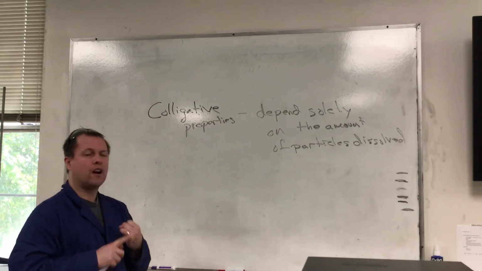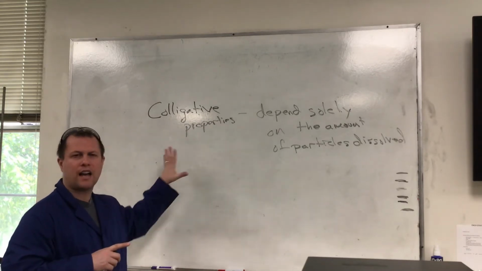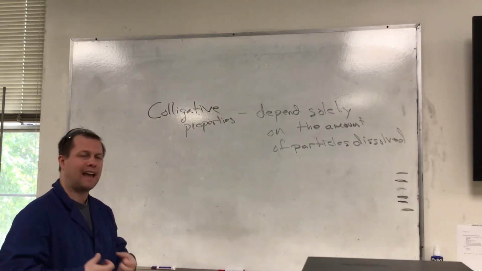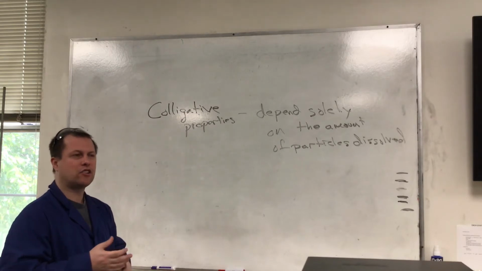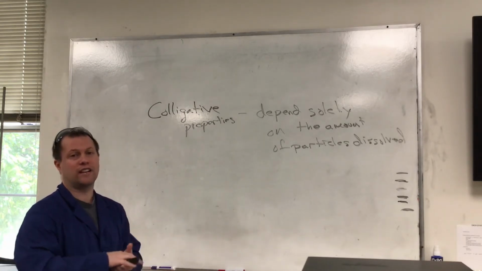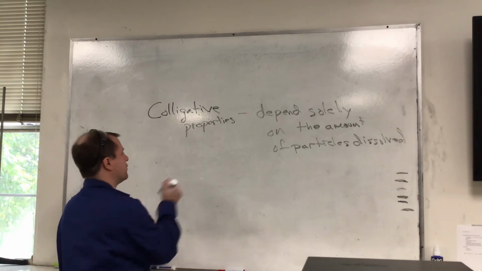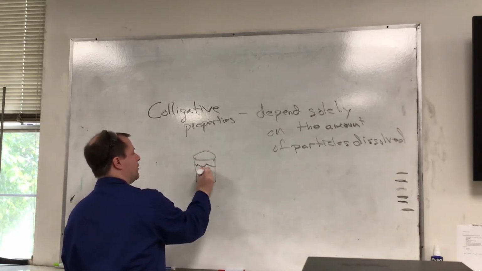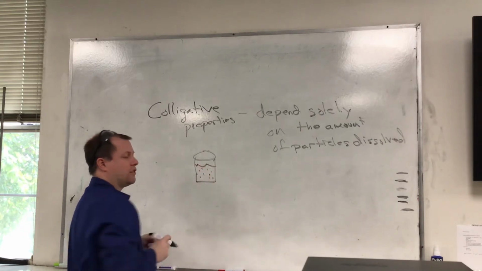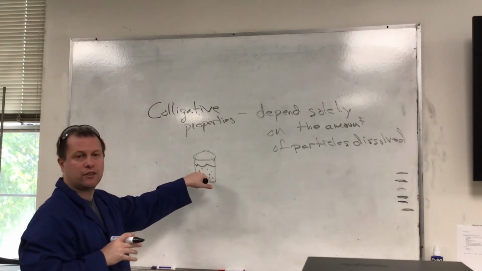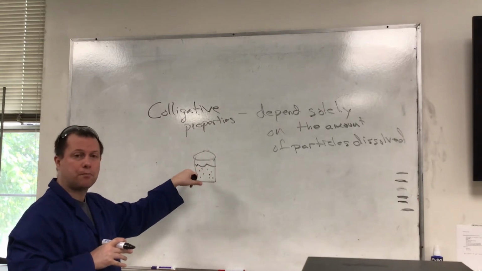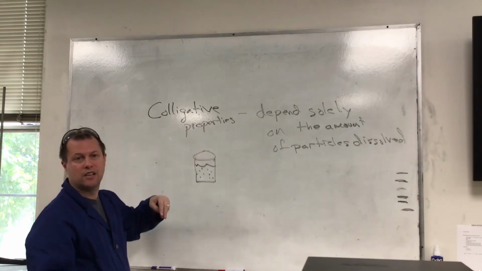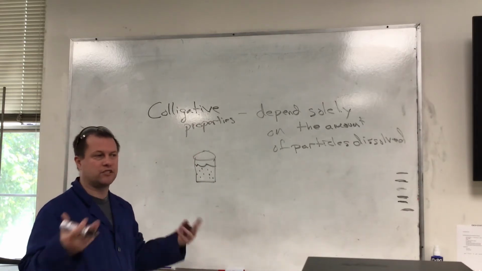So when we consider why adding things to our solution impacts the boiling point, the more particles we add, the harder it gets for the solvent molecules in that solution to escape. If I imagine a beaker with solution in it, the more random particles there are, the solvent molecules are going to have attractive forces and collisions with those other particles. That prevents the solvent molecules from escaping to the gas phase to create that vapor pressure and reach the state where you're boiling.